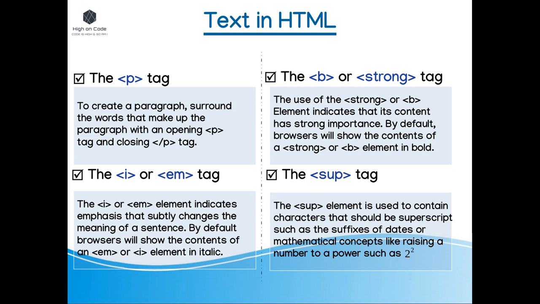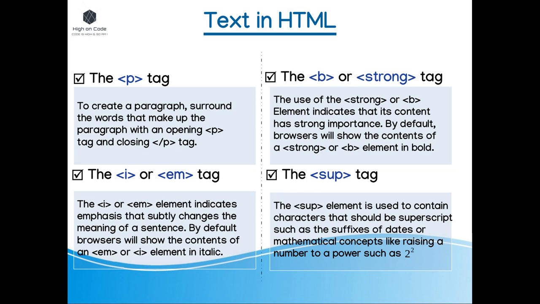The next tag is the bold tag, or the strong tag. The functionality of both the bold tag and the strong tag is the same. The use of the strong tag, or the bold tag, is that it indicates that the content inside it has strong importance.